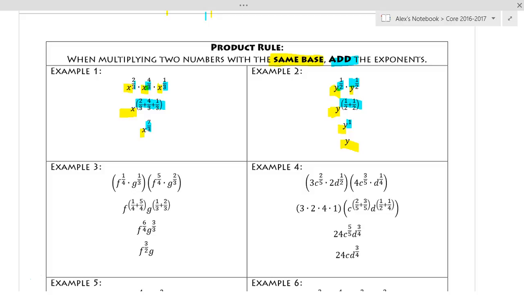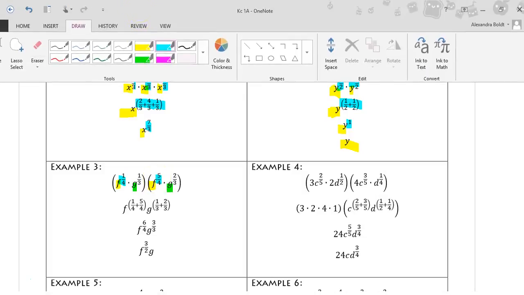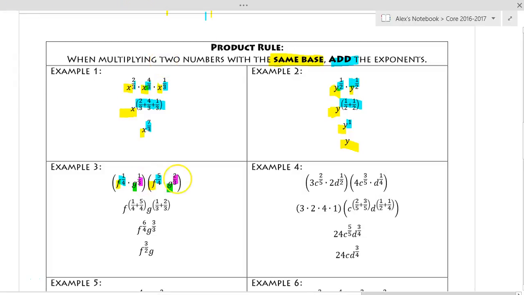Looking at example 3, now I have more than one thing going on. I have an f and an f. Those are the same base. But I also have a g and a g. Okay? So looking at f, I want to look at the exponents for f separately from when I look at g. Okay?